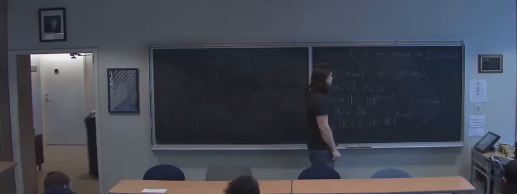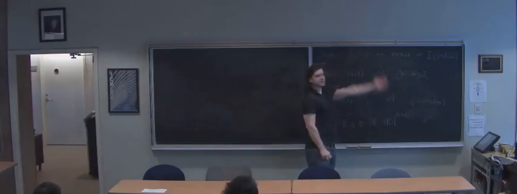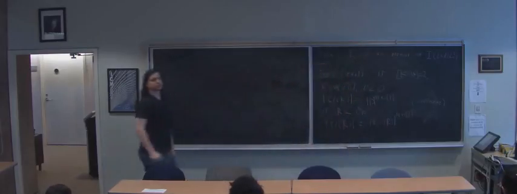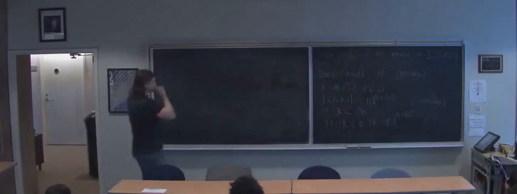Okay, so now to get to the relation between this and CM points, first I want to tell you a bijection between the union of all class groups over all imaginary orders and all the CM points on the modular curve.